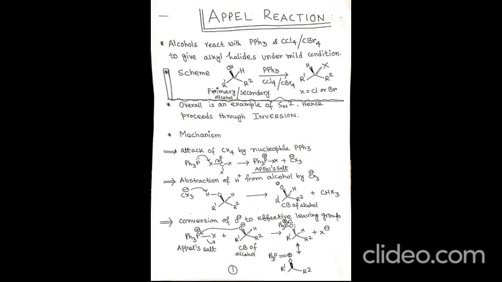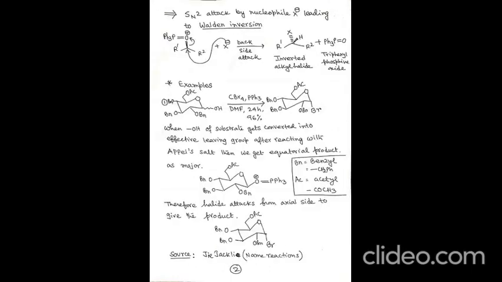oxonium ion. Let us proceed to the last step, where the nucleophile X minus attacks that oxonium ion from the back side, so that Walden inversion happens and we get the alkyl halide with the byproduct triphenylphosphine oxide.